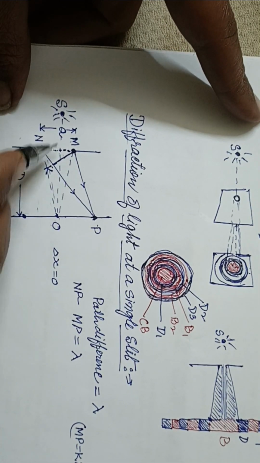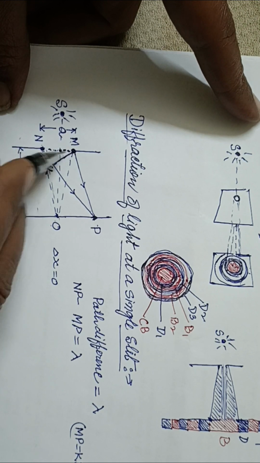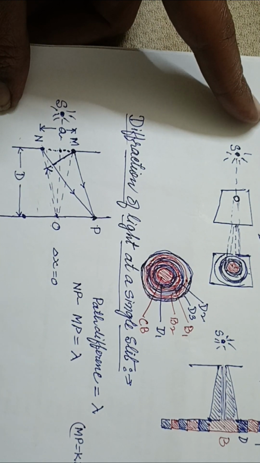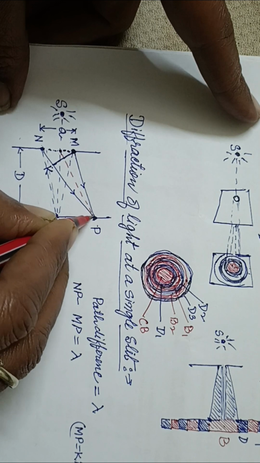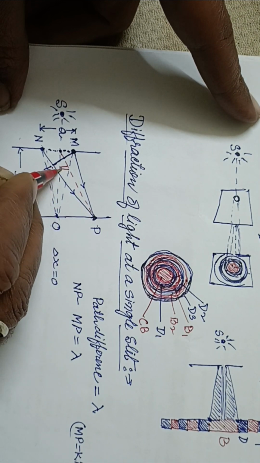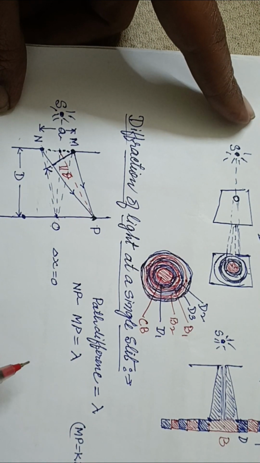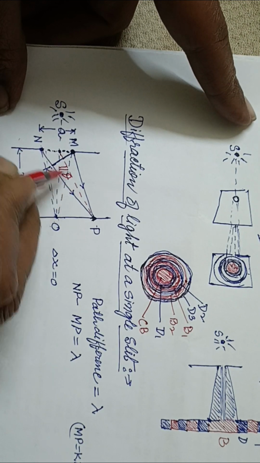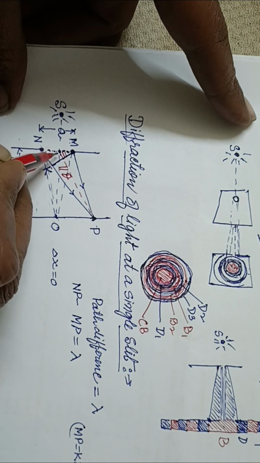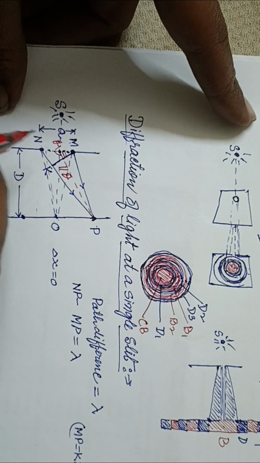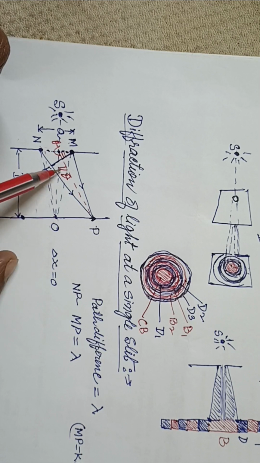Clear? So this is the midpoint between M and N, and suppose we join a line from this point to P, and suppose this angle is theta. If this angle is theta, then this angle should also be theta, because this line and this line make an angle theta.